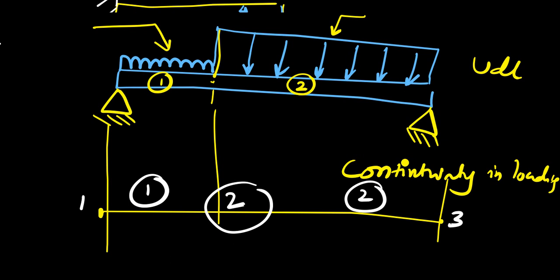This is another case. Now we'll see one more case, with composite materials, where there are changes or discontinuity in the material properties. For example, here we have a fixed end and a bar.